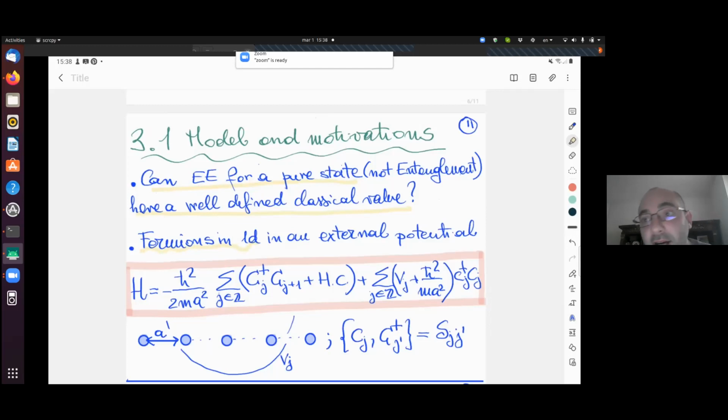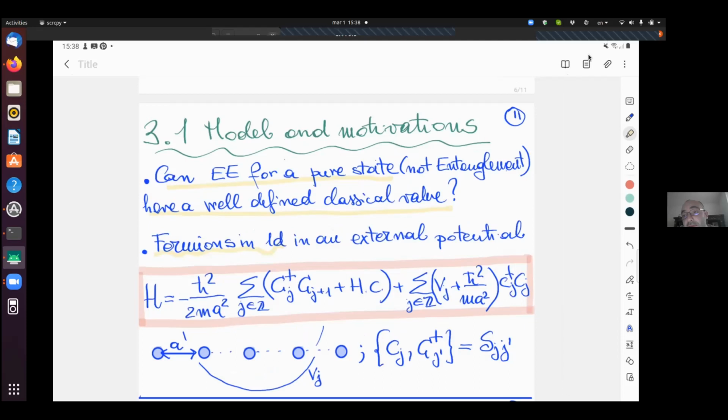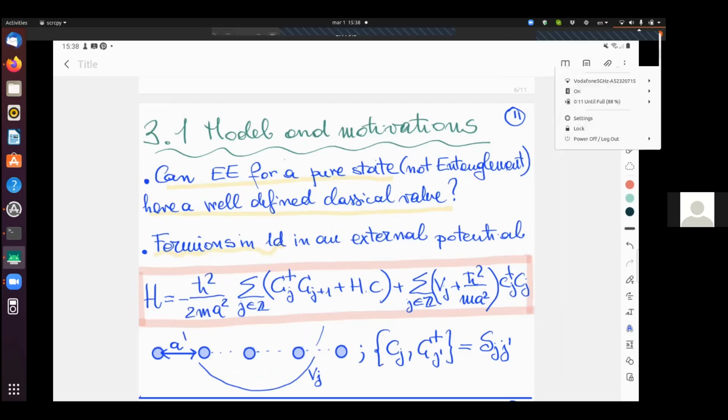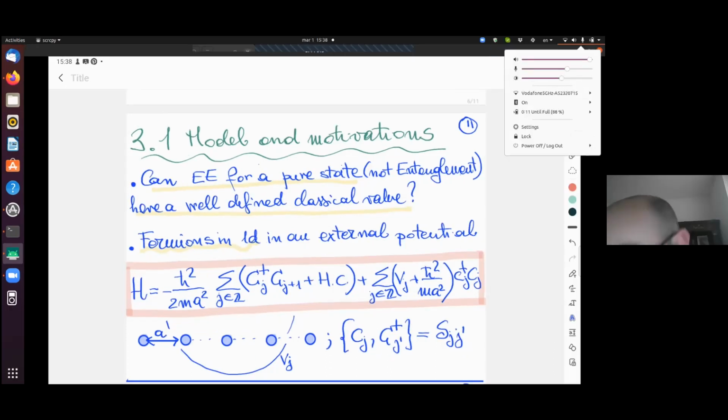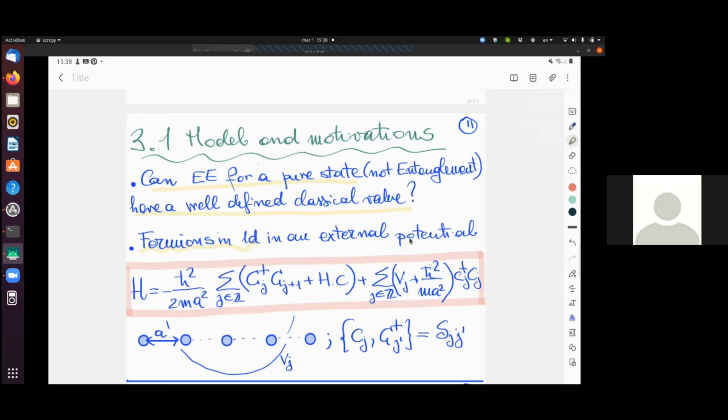Yeah, I see that there is a question, so please. Christoph? Entropy for a pure state. Yes. For a pure state, I guess entanglement entropy is 0, right? It depends on what your bipartition is. Entanglement entropy of a pure state is just 0.